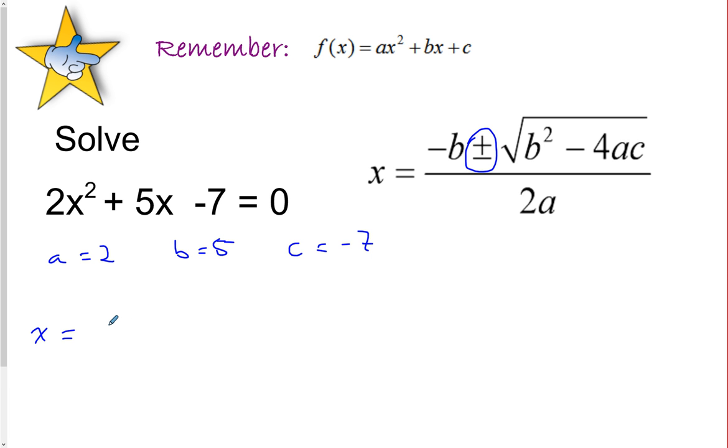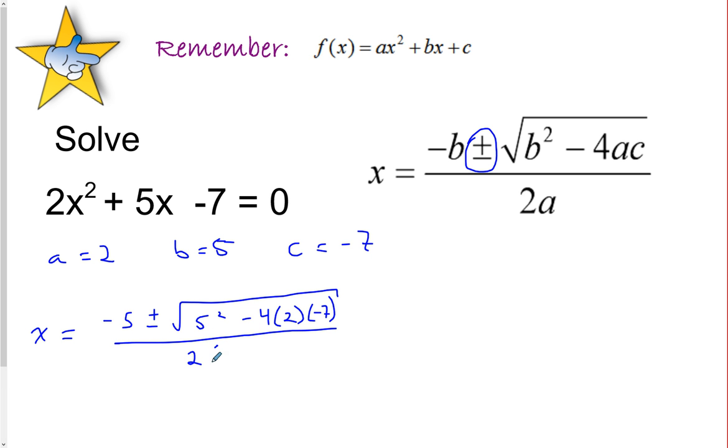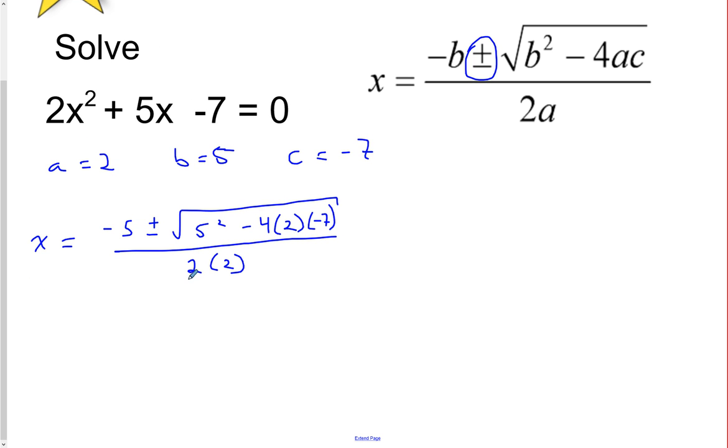So b is 5, so I'm going to put -5, plus or minus the square root of b squared, so that's 5 squared, minus 4 times a times c. A is 2, c is -7. All of that divided by 2 times a, and a is 2. So the first thing we want to make sure we do is sub everything in properly. It's easy to do if you go slow and are careful.